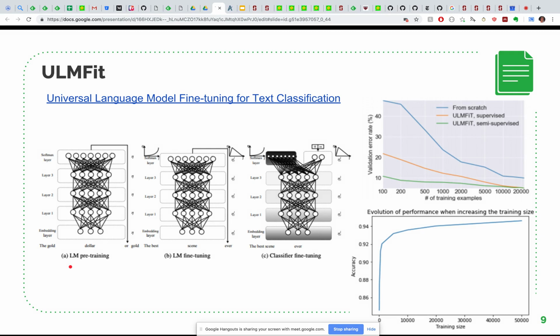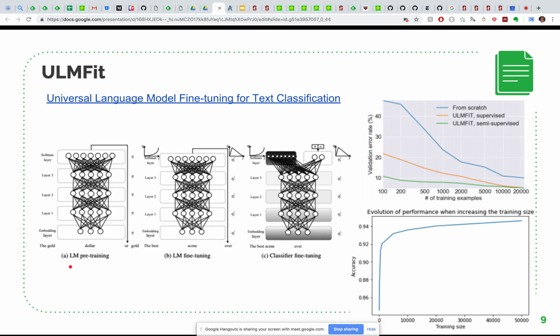Another similar paper in the subject was ULMFiT from Sebastian Ruder and Jeremy Howard. This was a really similar setup. You pre-train a language model on huge datasets, but here they wanted to apply it to text classification.